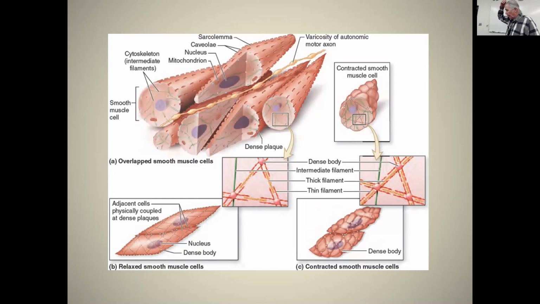And the actin filaments are attached to these so-called dense bodies. When a smooth muscle contracts, the filaments slide by each other and pull the dense bodies closer together. And they do so in a spiral-like motion.